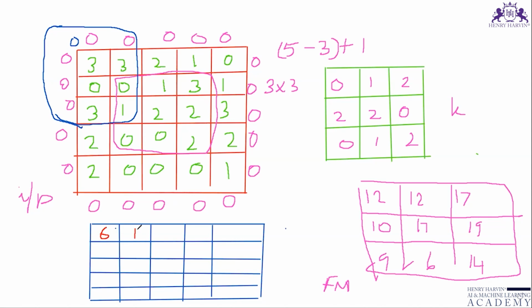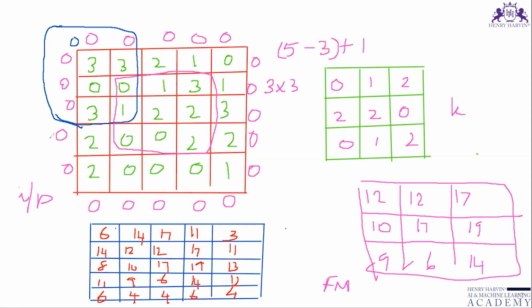Similarly, we will do, and we will get 6, 14, 17, 11, 3 actually, not 13, 14, 12, 12, 17, 11, 8, 11, 6, 10, 17, 19, 13, 9, 6, 14, 12, 4, 4, 4, 4, 6, 4.